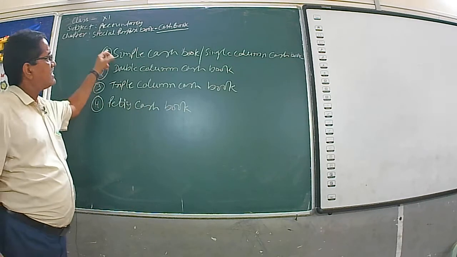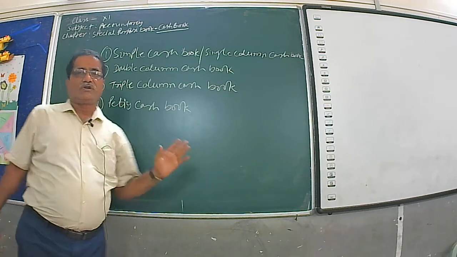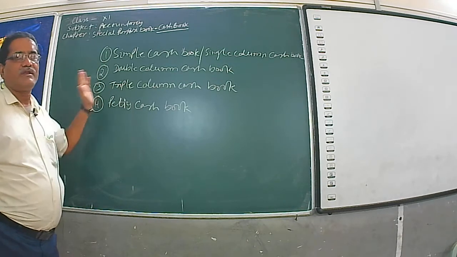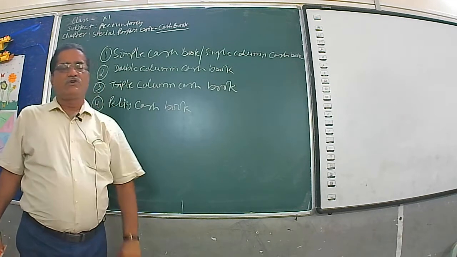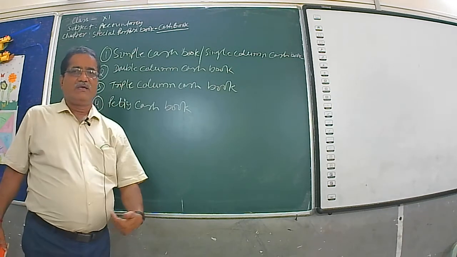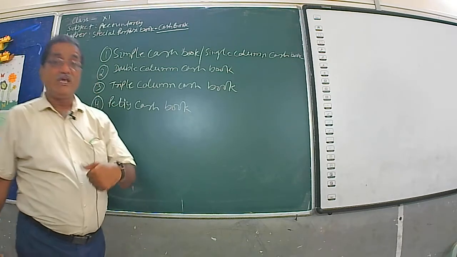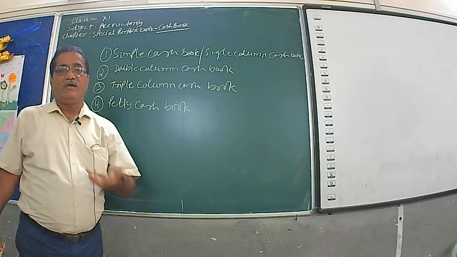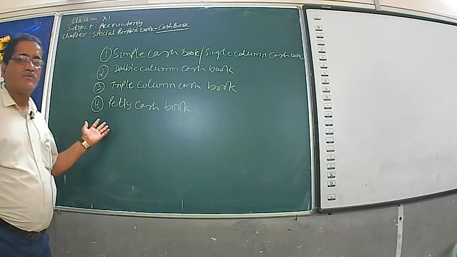It is considered a special book because a special type of transactions are recorded. All transactions are not recorded in cash book, only cash transactions. Cash transaction in the sense transaction made by cash or by cheque, or where there will be the involvement of cash or bank. Only those transactions are recorded in cash book.